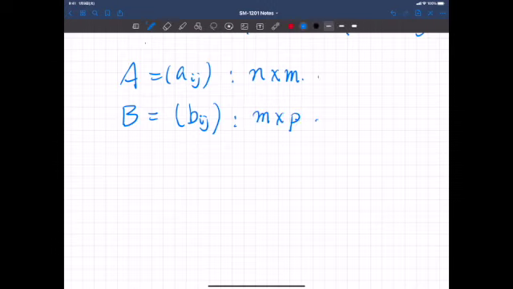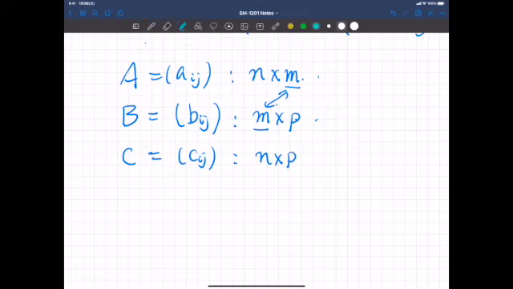So they have different sizes, but what's important is the number of columns of A is the same as the number of rows of B. Okay, so this m and this m, they are the same m. Then we define a new matrix C, which has the size of n by p. So this n is this n, and this p is this p.